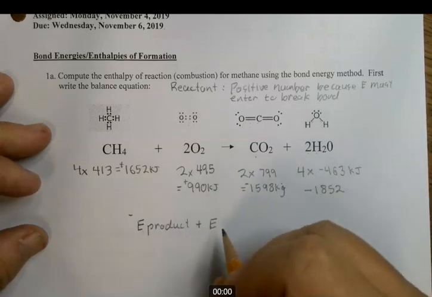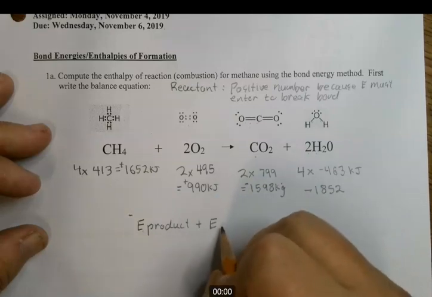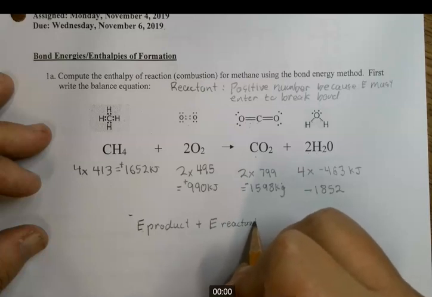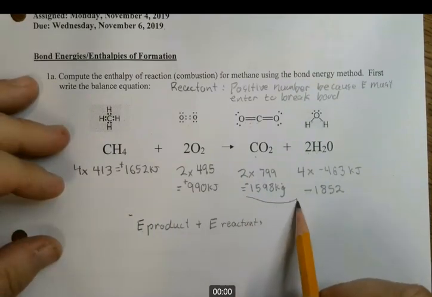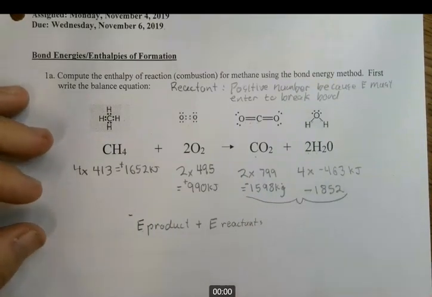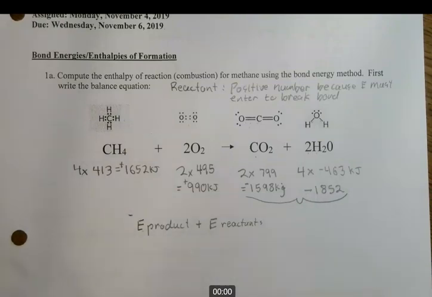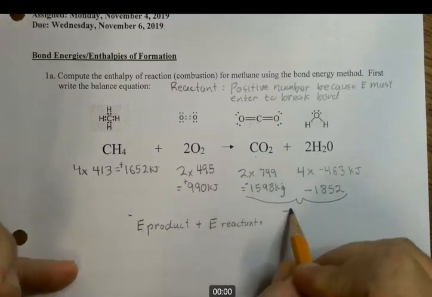So as long as you remember that's a negative number, you can just call it E products plus E reactants. Okay, and we add these 2 numbers together and we're going to get a bigger negative number. Okay, it's negative 3450.